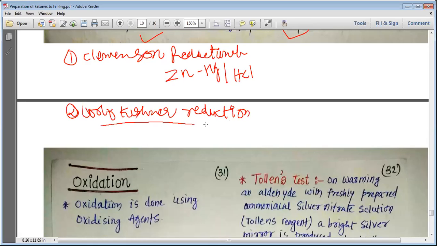And for Wolff-Kishner reduction, we use NH2NH2. What is the name of NH2NH2? It is known as hydrazine, and then it is allowed to react with KOH in ethylene glycol.